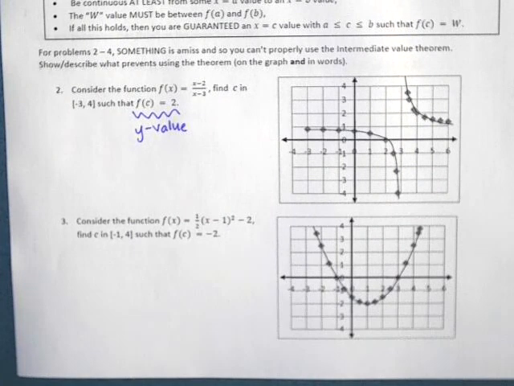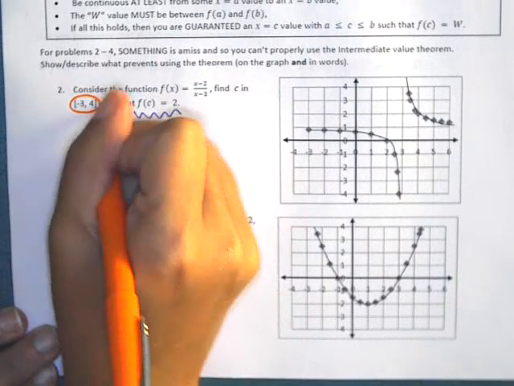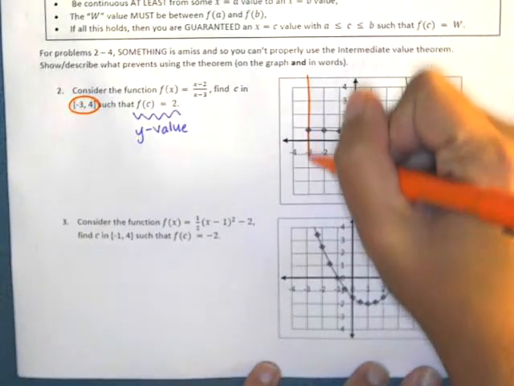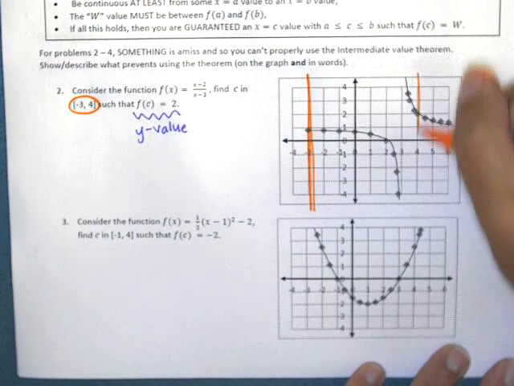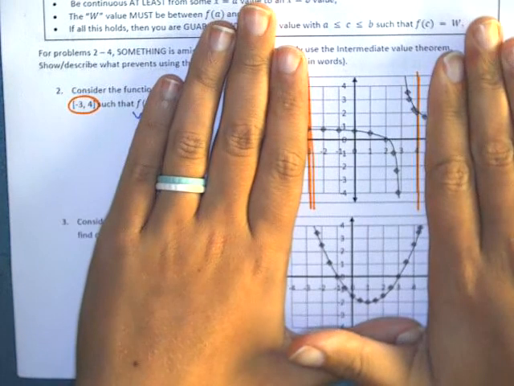So we're going to look at this graph specifically between the x values of -3 and 4. So -3 is here. That's the first x value. And 4 is here. So we're going to look at the graph only between those two numbers.